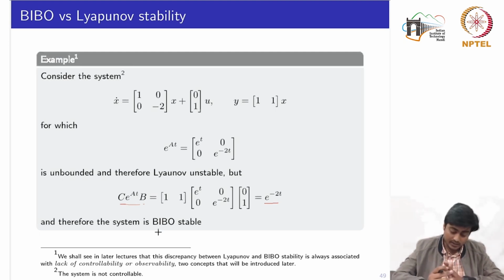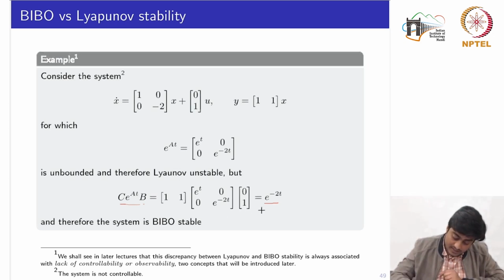So this is what we want to say: if the system is BIBO stable, it does not imply in general that the system would also be Lyapunov stable. So these are two footnotes written over here that we shall see in later lectures, that this discrepancy between Lyapunov and BIBO stability is always associated with the lack of controllability or observability.